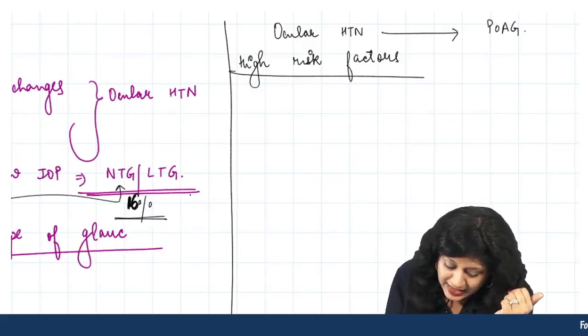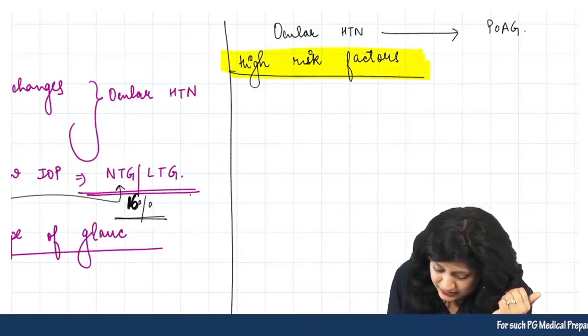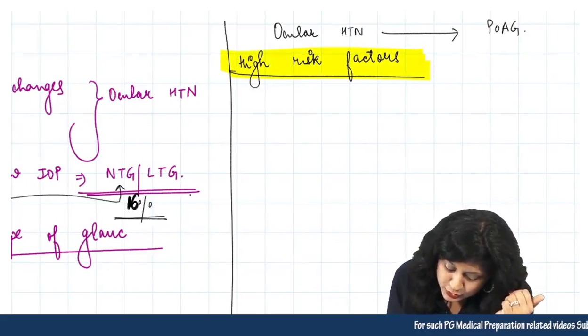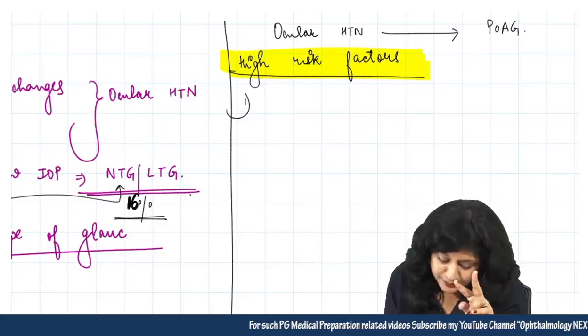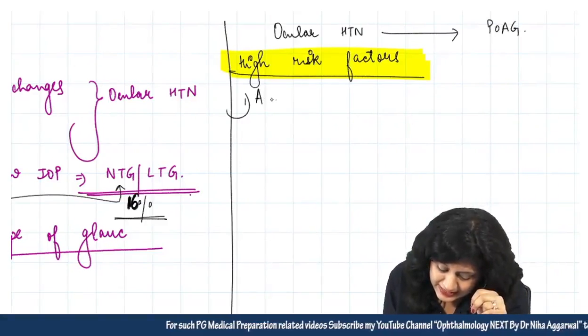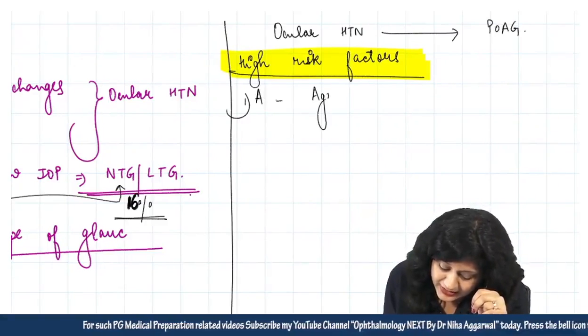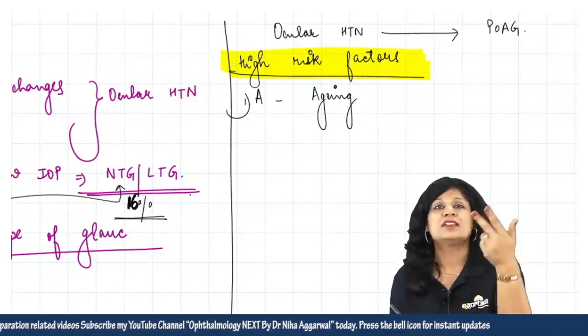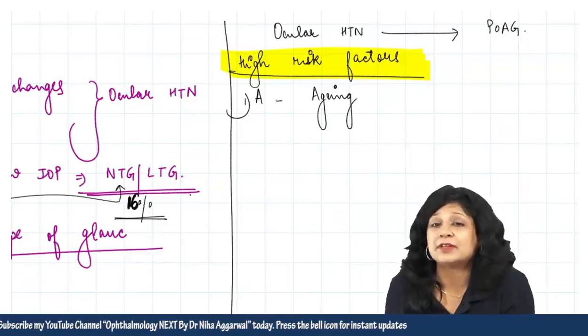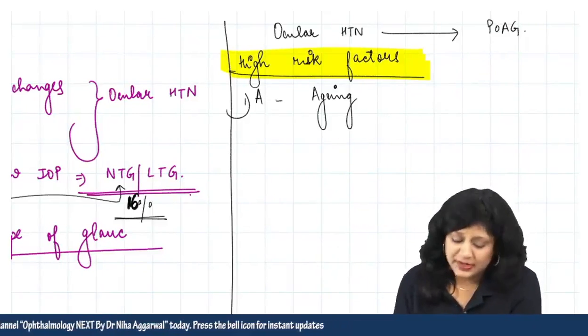So what are these high risk factors? You have to see this. As I always try to relate it with the alphabets, one is A. A is for aging. As the age increases, there are more chances that the person having ocular hypertension can go into primary open angle glaucoma.